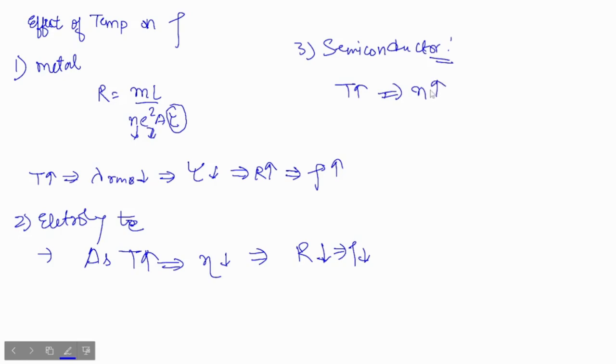Due to breaking of covalent bonds, tau is going to decrease. So on increasing temperature two things happen: first, n will increase, and second, tau will decrease, due to breaking of covalent bonds.